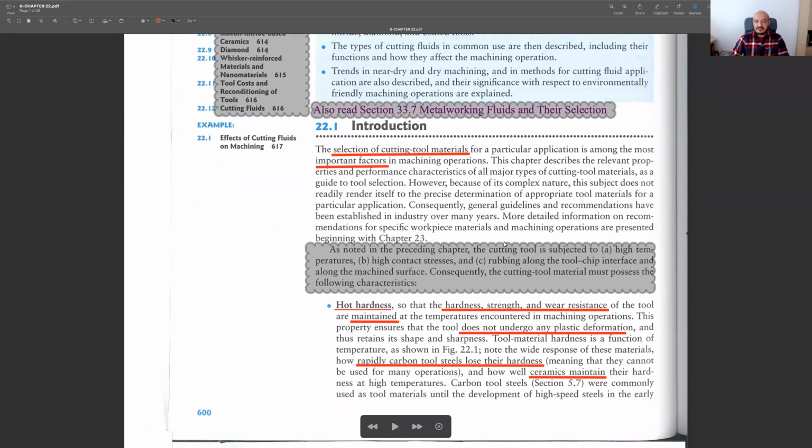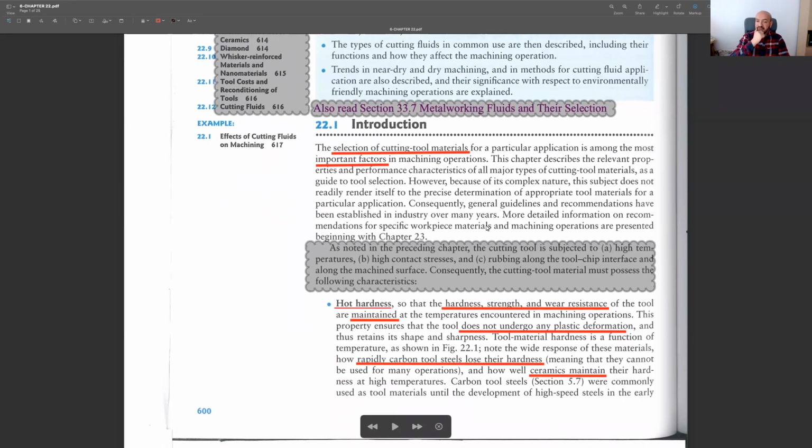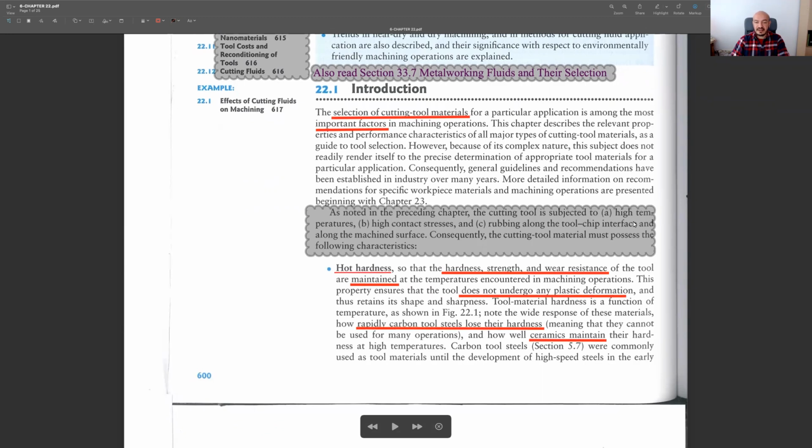And as we have discussed in the previous chapter, the cutting tools are subjected to several things. First of all, due to the friction, we have high temperatures, and your cutting tool should be able to withstand these high temperatures. We have stresses due to the forces applied on the workpiece. We have high contact stresses.